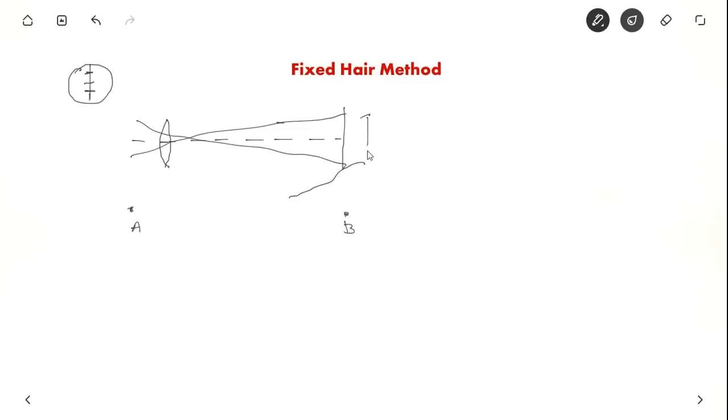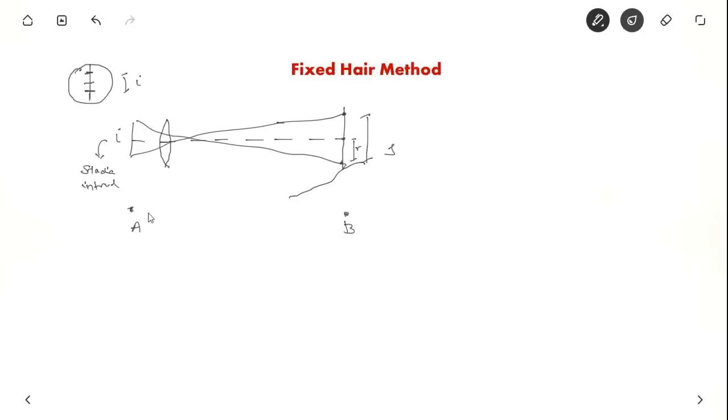This is the staff intercept. This is the lower staff reading, this is the higher staff reading, and this is the middle reading. Middle reading is denoted by R. The distance between both the veins is denoted by I, which is called the stadia interval.